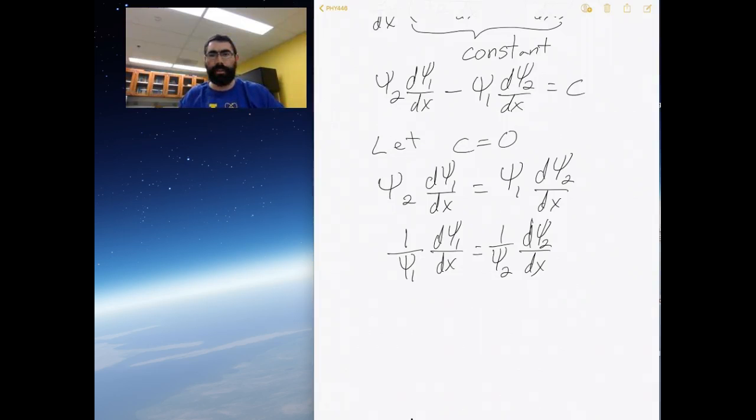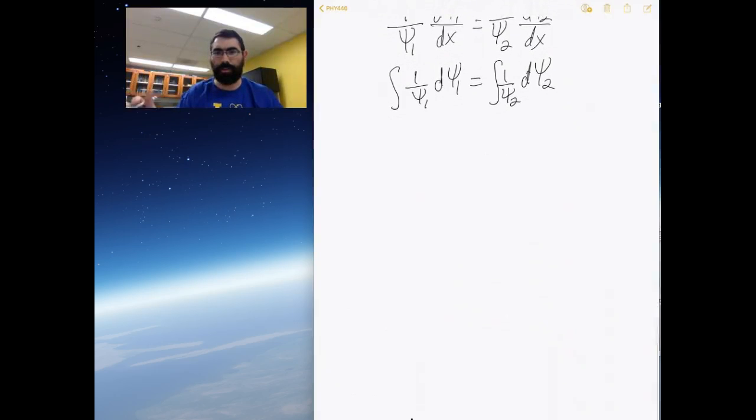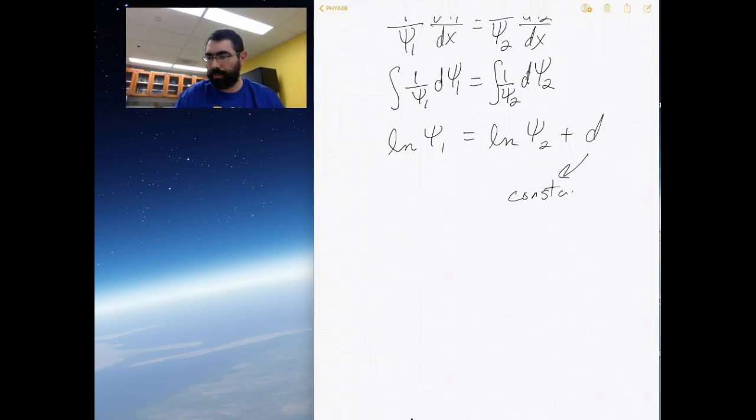And you could basically integrate over space, and then what you're left with is an integral of 1 over psi 1 d psi 1, which is equal to the integral of 1 over psi 2 d psi 2. And when you solve those integrals, what you get is the natural log of psi 1 is equal to the natural log of psi 2 plus another constant. So this d is a constant of integration.